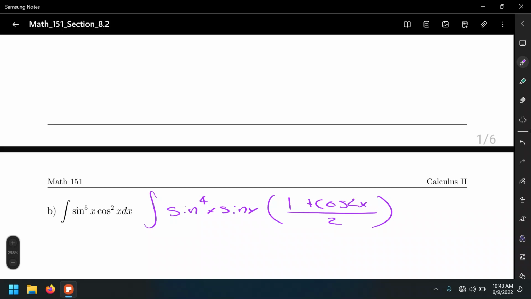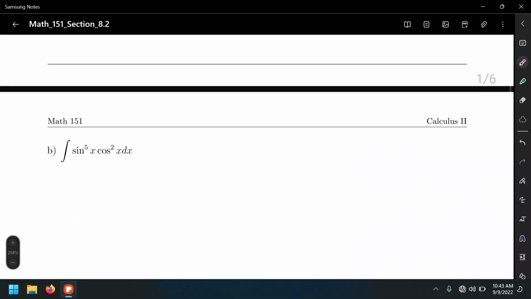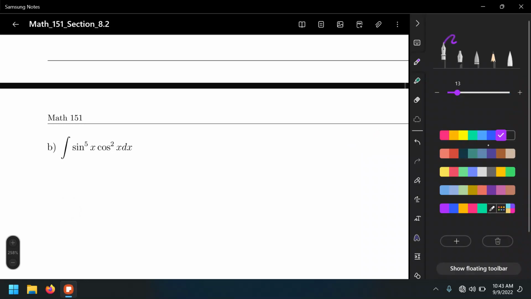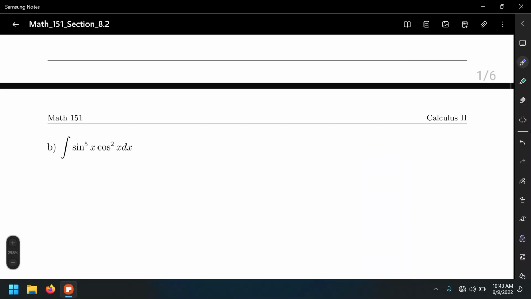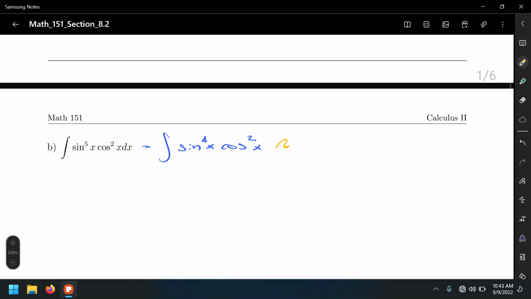So we want to keep all the trigonometric functions of the same angle in this case, not combining angles. So let's take a different approach. Our focus here will be the odd power. So number 1, this is the integral of sine to the 4th power of x times cosine squared x, and let's save 1 power of sine.